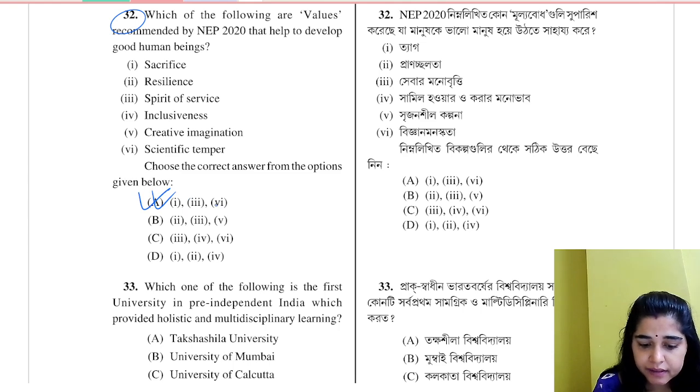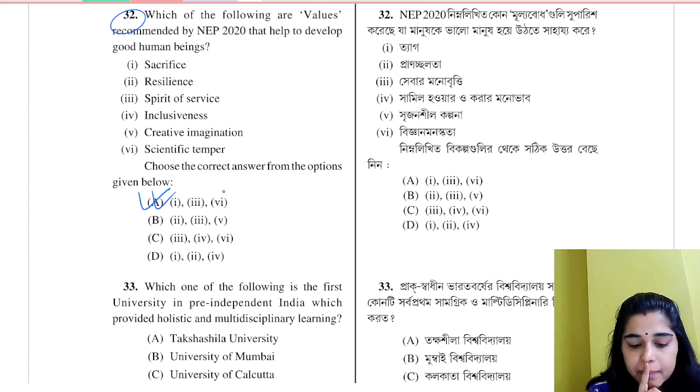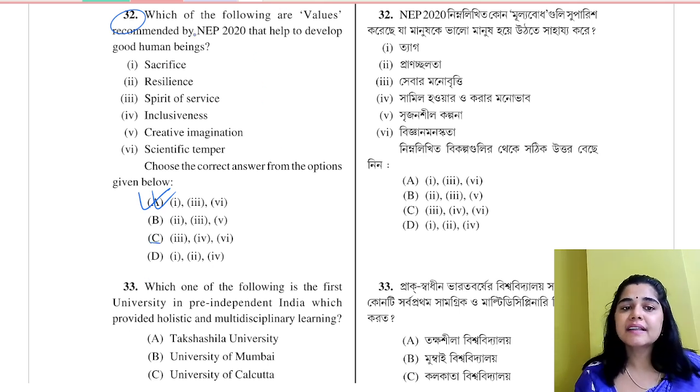But I think the answer will be C. They are asking which of the following are the values recommended by NEP 2020 that help to develop a good human being.